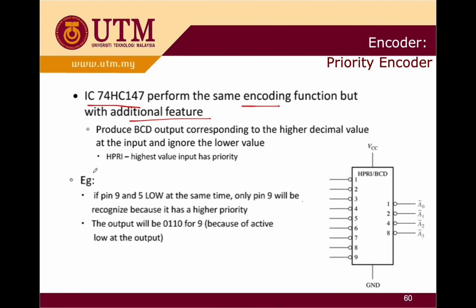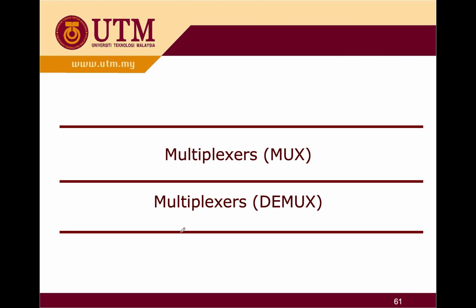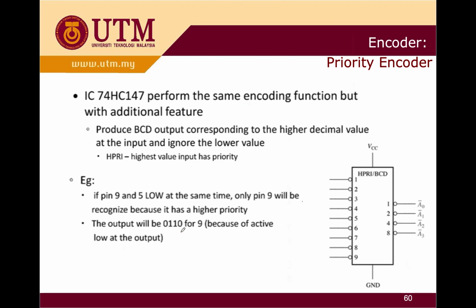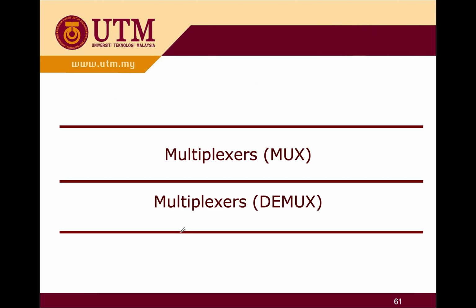You can go through it. If P9 and P5 are low at the same time, only P9 will be recognized because it has higher priority. So this is what higher priority is, which is you're going to only recognize the higher pin numbers. So the output will be 0110 because of active low at the output. So that's all on our priority encoder.